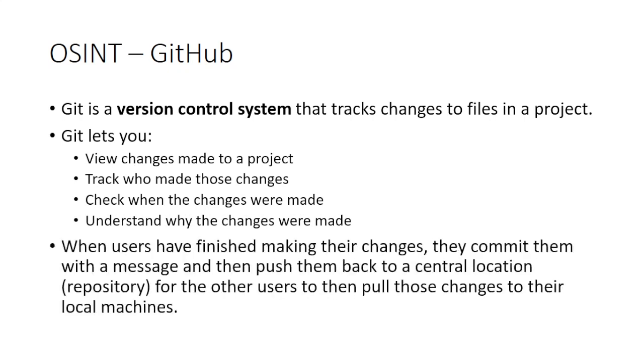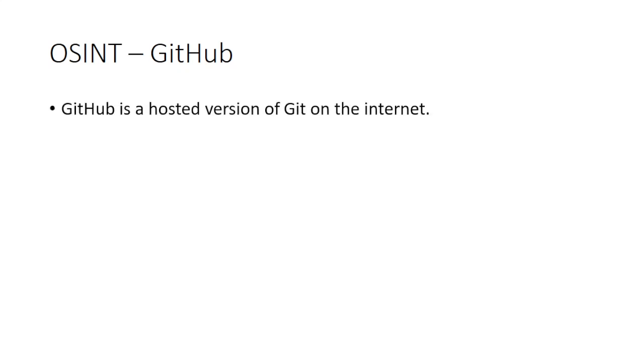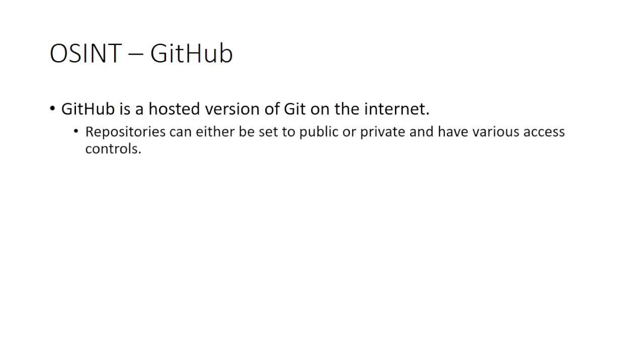So when a user has finished making their changes, they commit them with a message and then push them back to a central location that we call a repository for the other users to then pull those changes to their local machines.